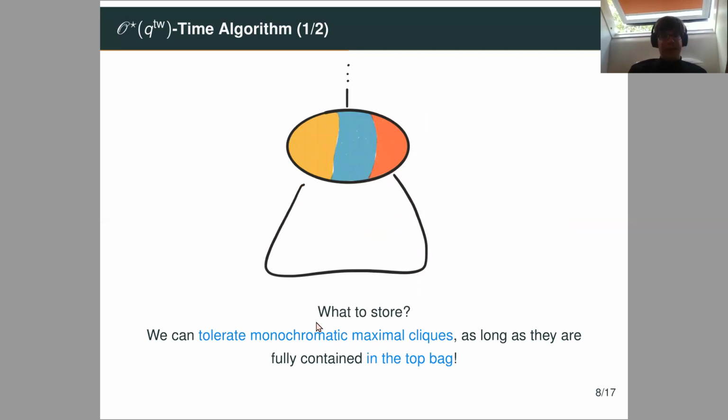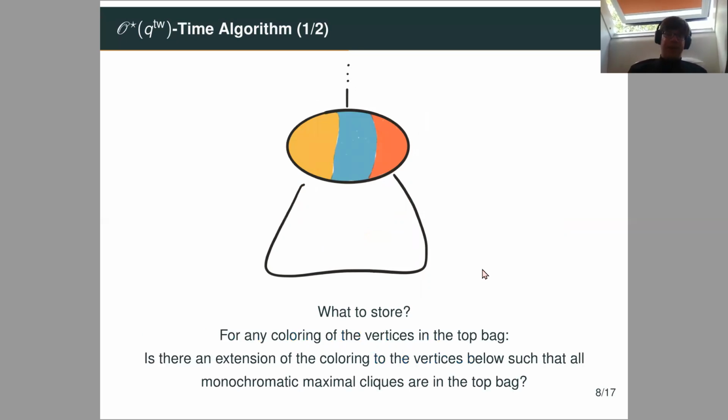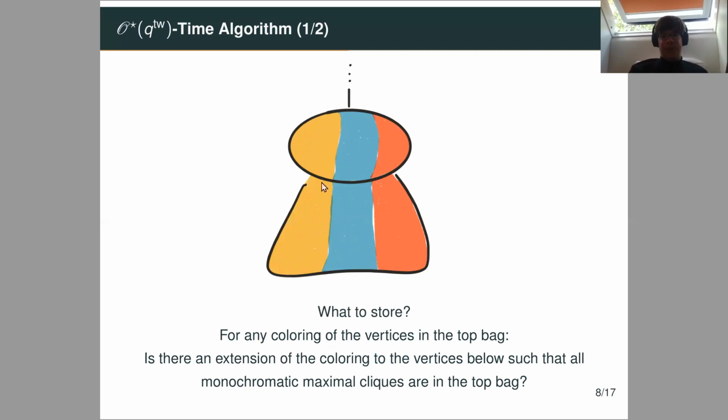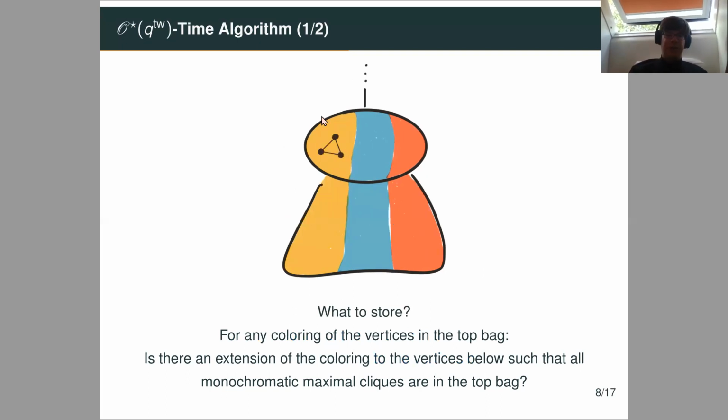So we can tolerate monochromatic maximal cliques, but only if they're fully contained in the top bag. And then what we store is that for any coloring of the top bag, we ask, is there an extension of the coloring to the vertices below, such that all monochromatic maximal cliques are fully contained in the top bag?